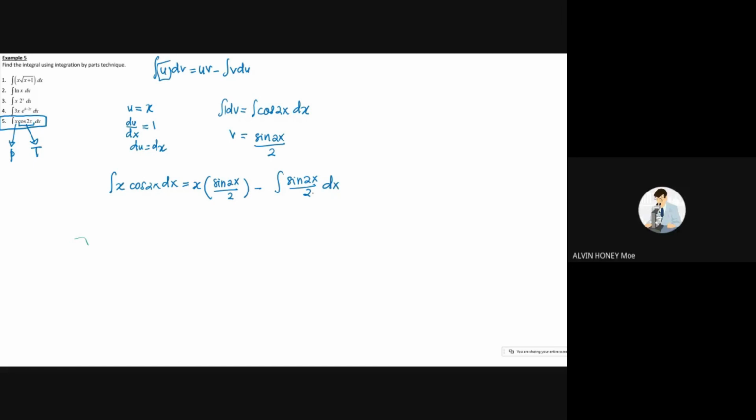Okay, take out the constant first before integrating sine. x sine 2x over 2. Take out 1 over 2. So just integrate sine 2x. Integrate sine: negative cos 2x over 2.